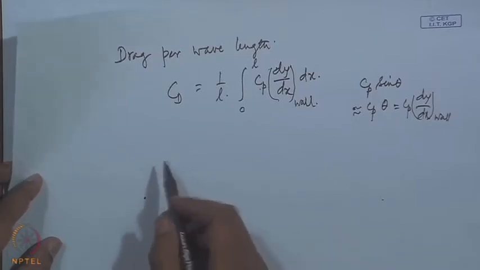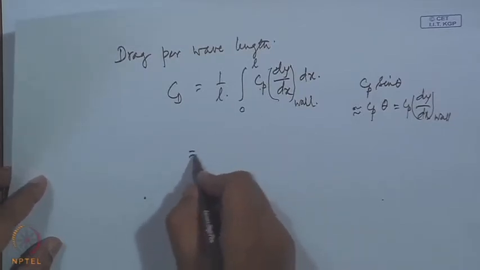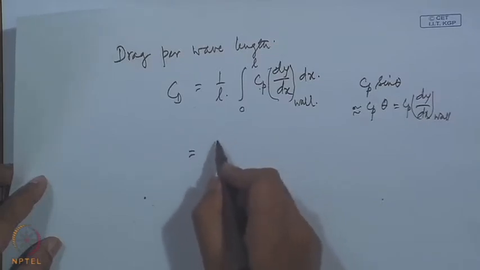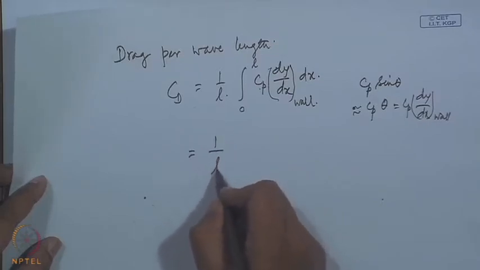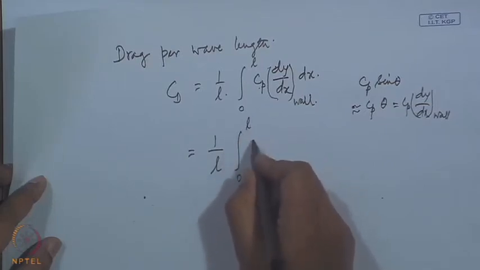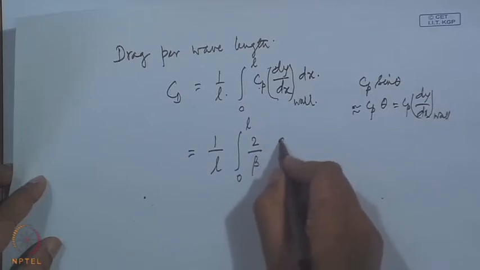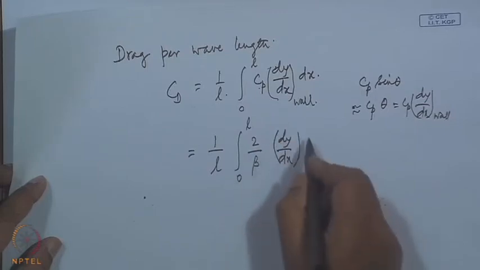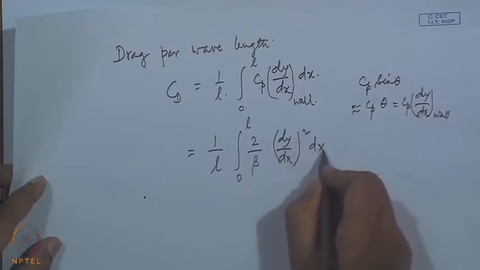Now, as we have already seen that the Cp is written as two by beta into dy dx, so this becomes dy dx square dx.